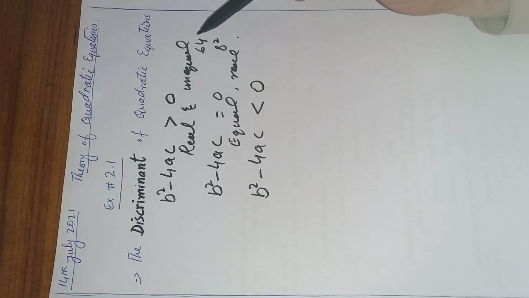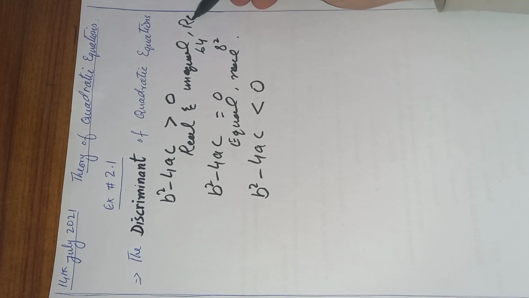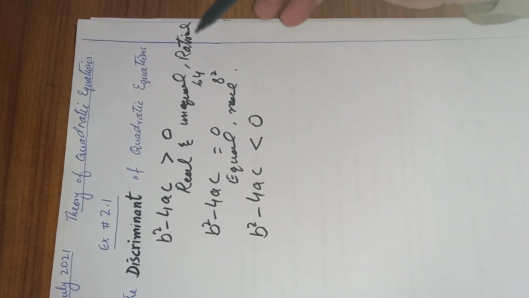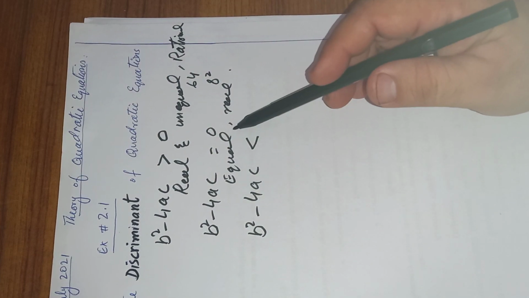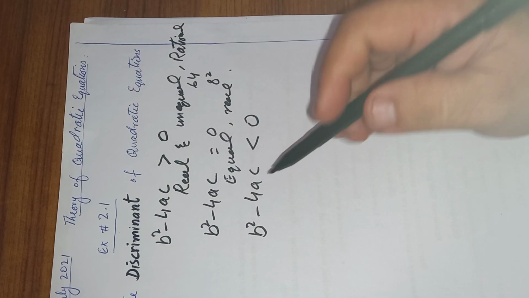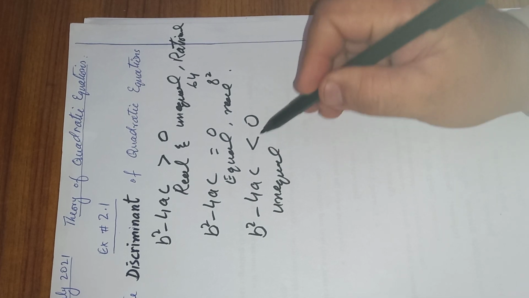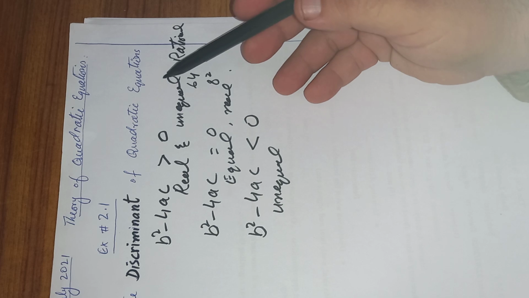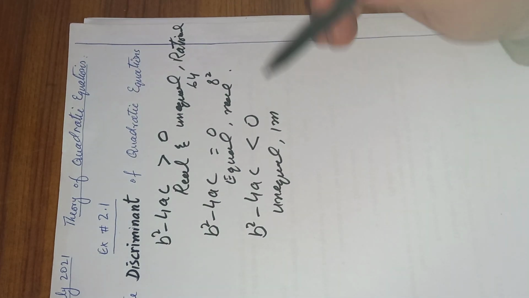But here, when it is a perfect square, it is always rational. You have to write it's rational, otherwise irrational. And in this case it's equal and real, but in this case we will say it is unequal because the inequality sign is there, it's also unequal, and imaginary, negative numbers.